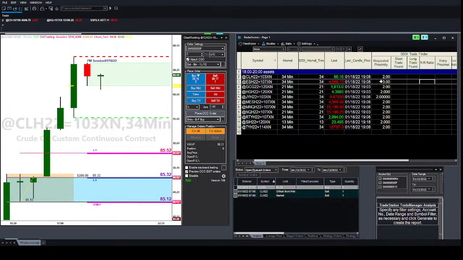Anytime you load TradeStation and your requested proximity is blank, that means that this asset has not been processed through the Trade Finder yet. So, helpful hint. Sometimes they'll tell you if TradeStation is stuck. Sometimes you will find that the Trade Finder will be behind your charts.